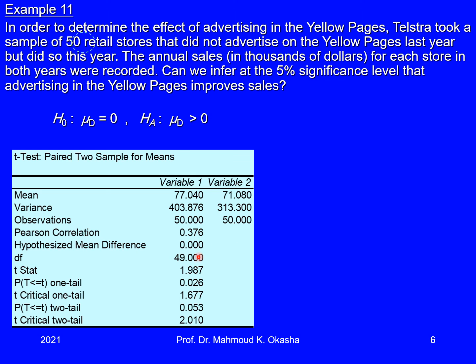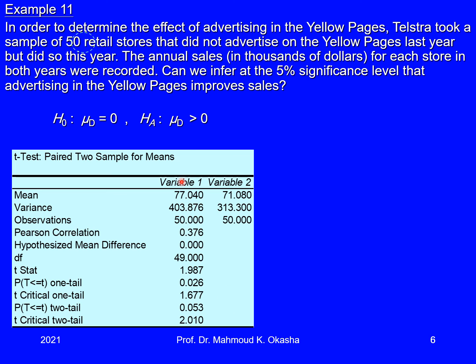The hypothesized mean difference is zero, because equal or not equal or bigger or not bigger, and degrees of freedom n-1, which is 49. The t statistic is 1.987. For the one-tail test, the p-value is 0.026 and the t critical value for one tail is 1.677.